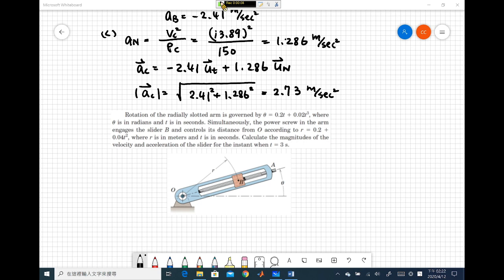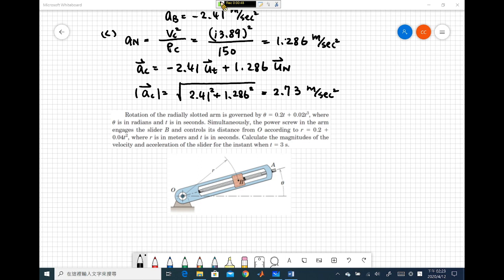Now we have this slotted arm, and it can rotate by itself. We have a particle B that can move around in that slot. Theta is a function of time, and also the power screw in the arm engages the slider B and controls its distance from O, the origin, R, which is also a function of t.